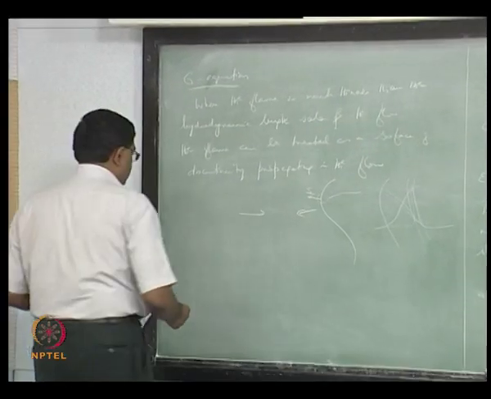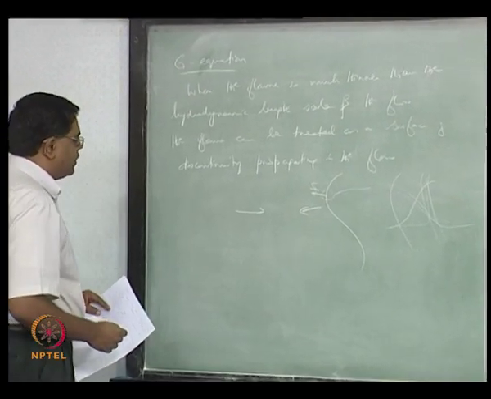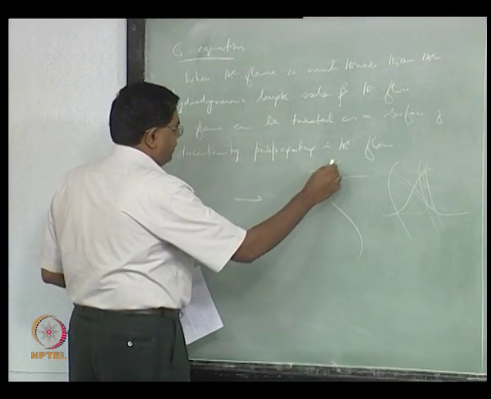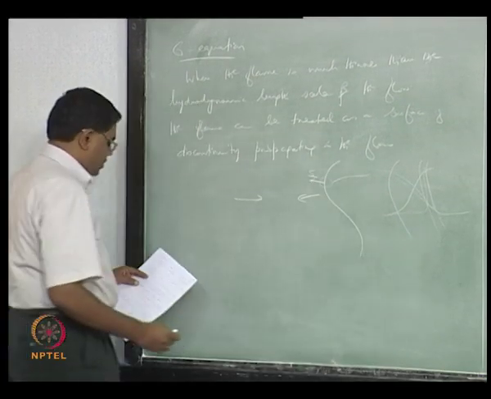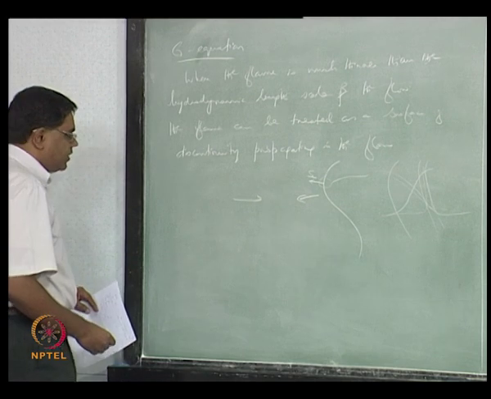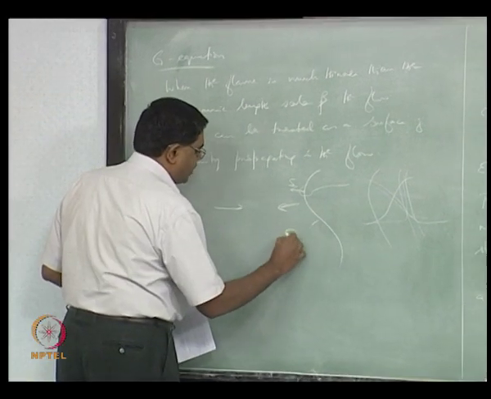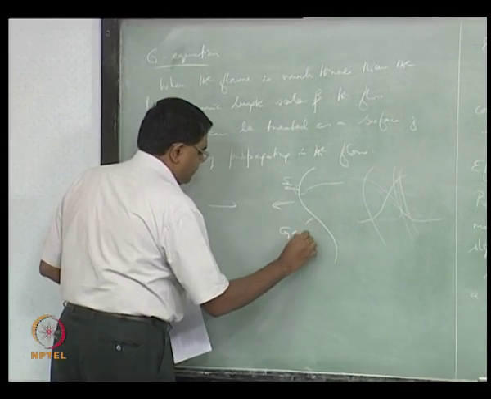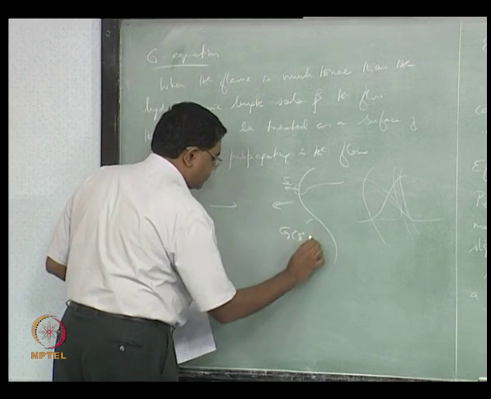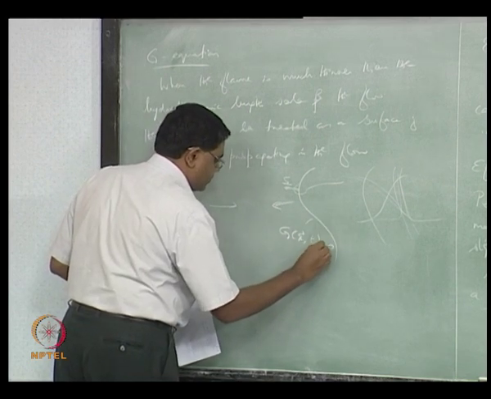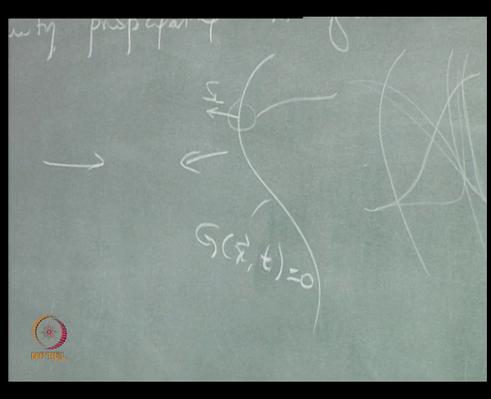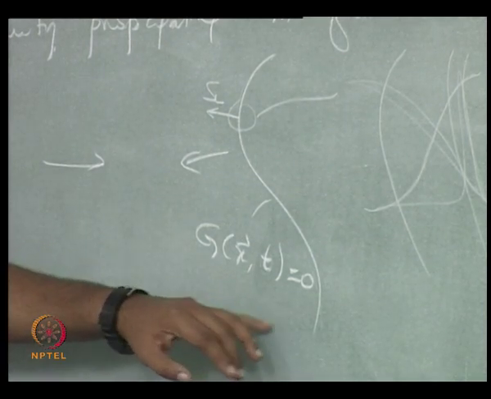right? So the way we deal with this situation is, we now say this is actually treated as a surface of discontinuity, and we want to mathematically describe the surface by an equation called g of x vector comma t is equal to 0, right.